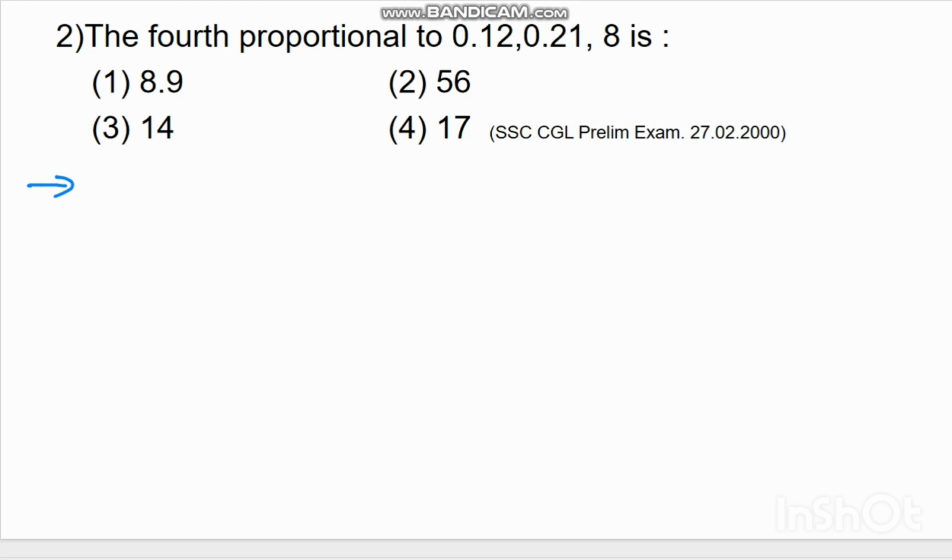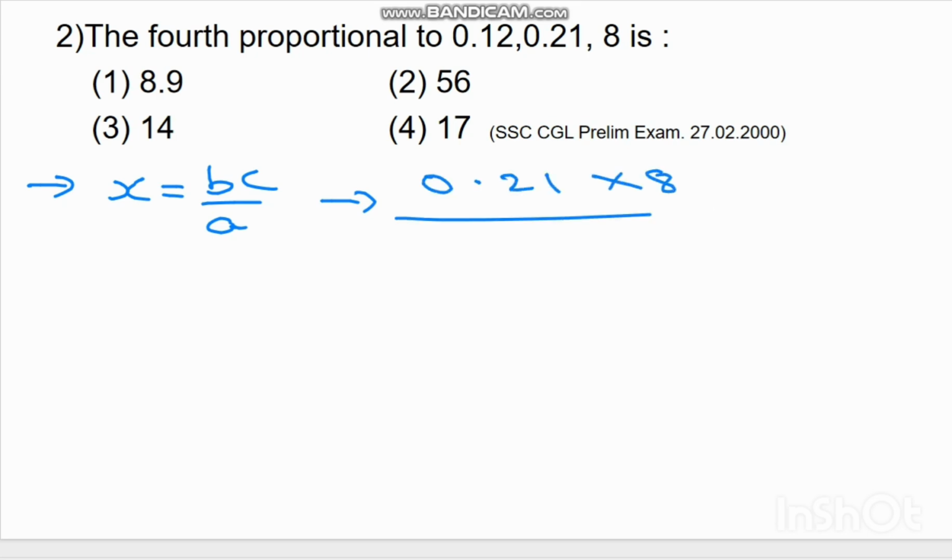Here given is fourth proportion. So we know that fourth proportion is nothing but x equal to BC by A. Here B is 0.21, C is 8 and A is 0.12.